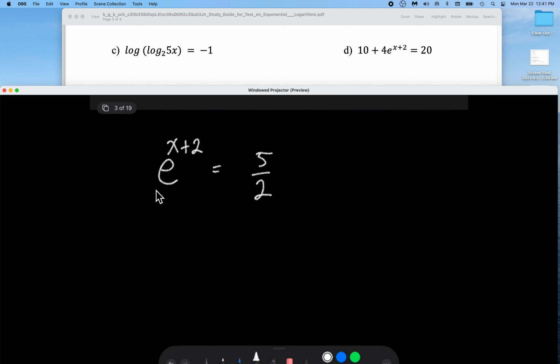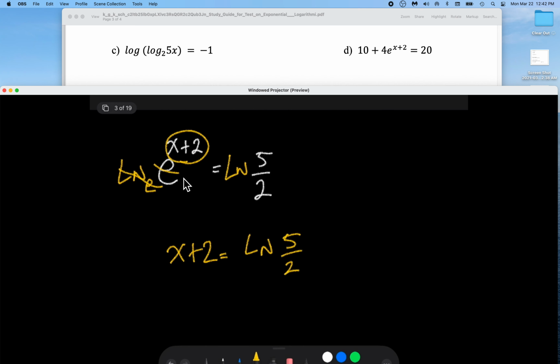So here we need to take logarithms, but because of that e, you're going to want to take the natural log of both sides. Because when you have the natural log, by definition that's a base e. Whenever the base of the logarithm matches the base here in the argument, these cancel, and you are left with just the exponent. x plus 2 equals ln of 5 over 2. You subtract 2 on both sides, and that's what x equals.